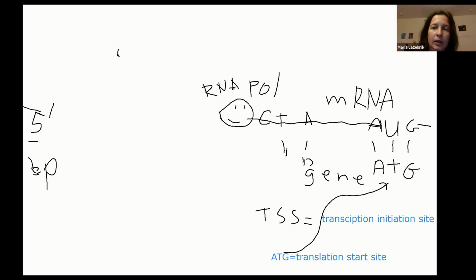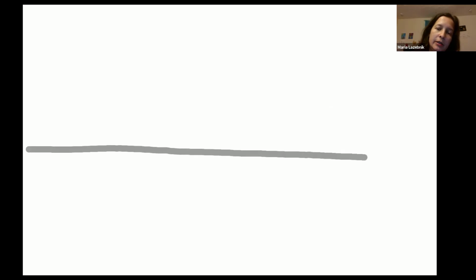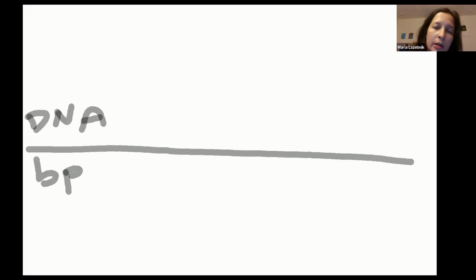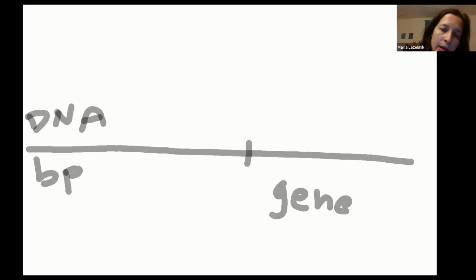Right? Okay, let's just erase everything so we can redraw it again. So here's our DNA strand in base pairs, and this is our gene sequence here, and we have the TSS.